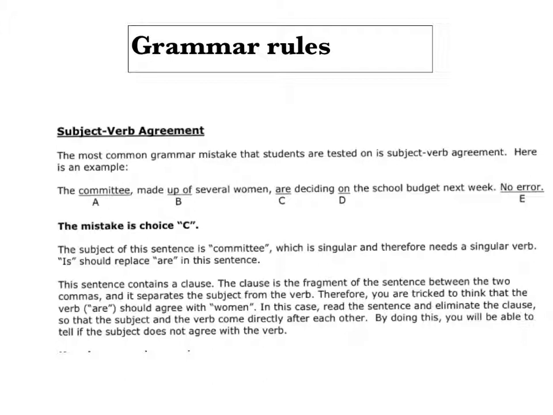That means that the verb has to agree with a singular, right? If you see choice C says are, that would be a plural, right? So that means the are would be incorrect. If I said the committee is deciding on the school budget, that would be a correct sentence, right? So again, make sure your subject agrees with the verb you're talking about.